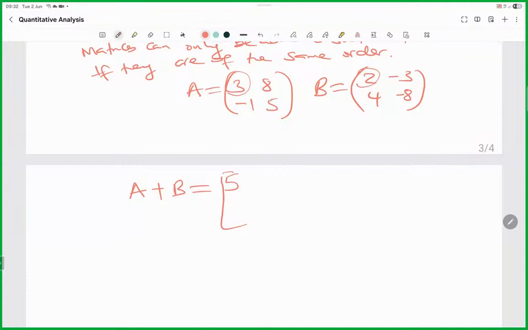Is there anybody who can give me this figure? 8 plus minus 3? 5, right? So I'm being told it's 5 as well. Then we have here minus 1 plus 4.